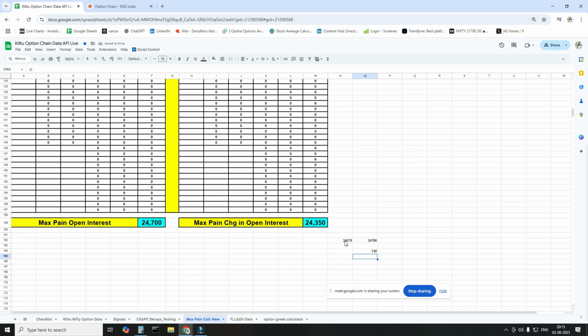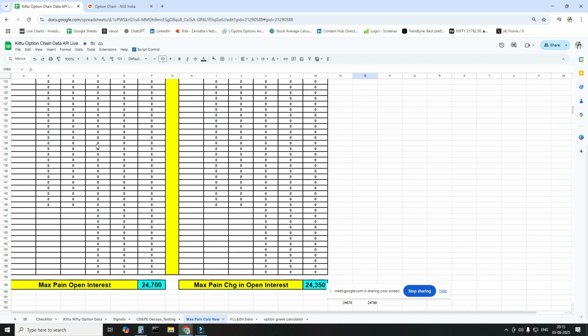That means max pain open interest is telling you that by the end of this week, for this week's August 7th expiry, most of the option sellers are sitting at 24,700. So all the people trading around there are going to lose their money.